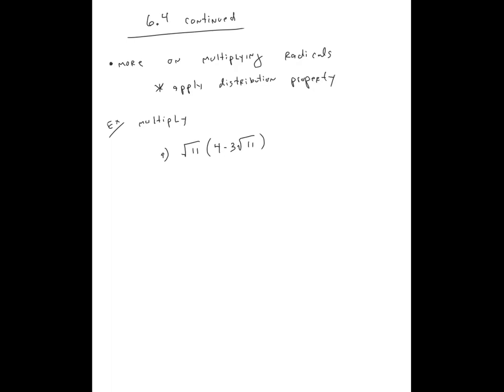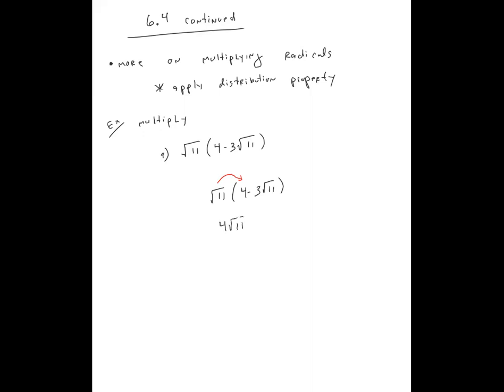I'm going to rewrite the problem so we can see the original problem. We've done a problem like this before. We're just distributing this square root of 11. We're going to multiply it to 4, keeping in mind that the square root of 11 is some kind of a decimal, and 4 is the whole number. Because 4 doesn't have a radical symbol, all we can do is put that 4 in front of that radical.